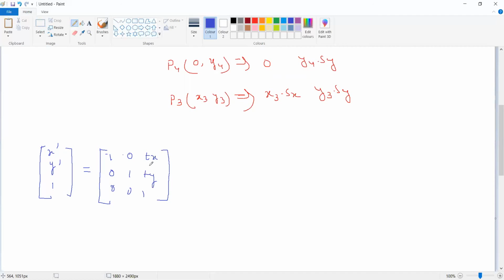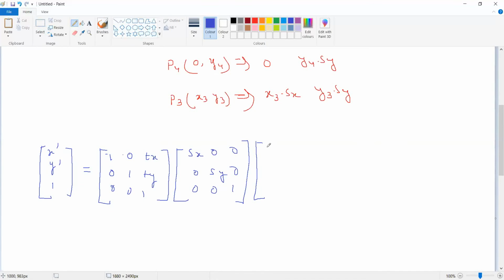After doing the translation, you have to perform the scaling. So scale it: sx 0 0, then 0 sy 0, then 0 0 1. After doing so, you have to do the reverse translation.